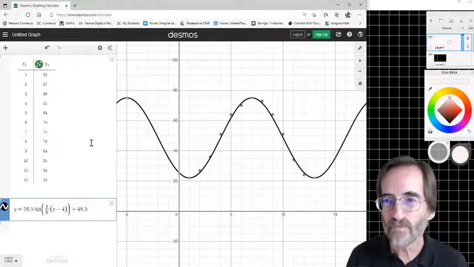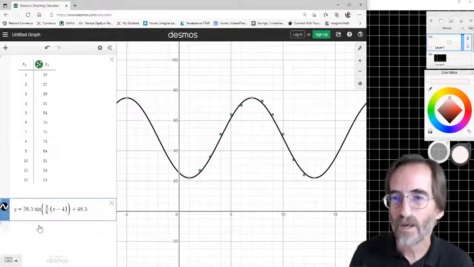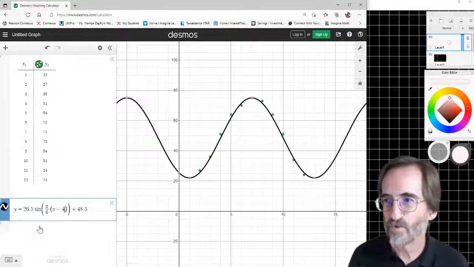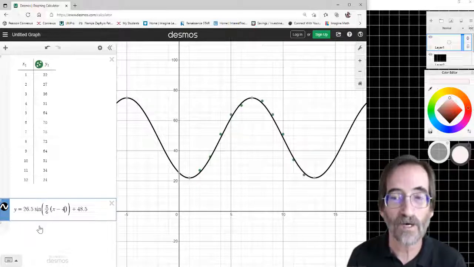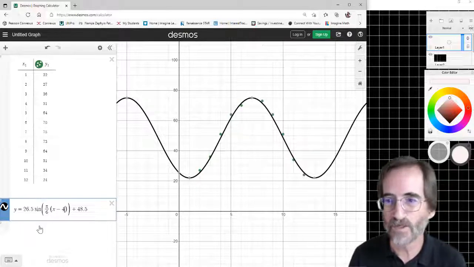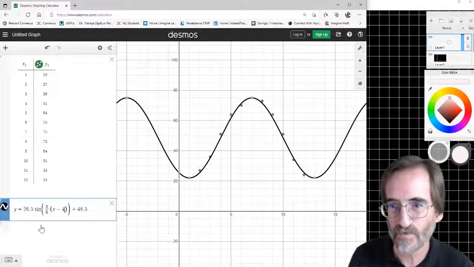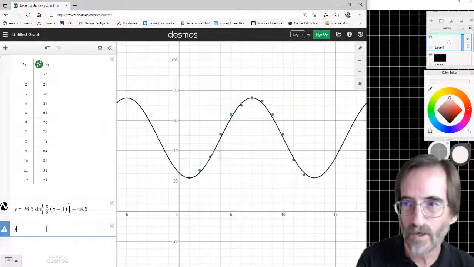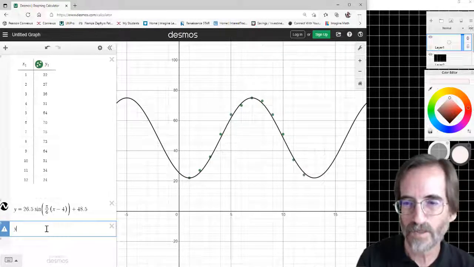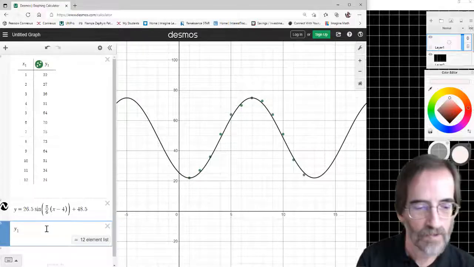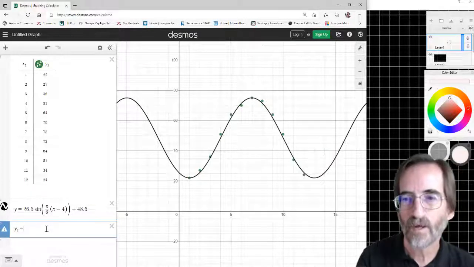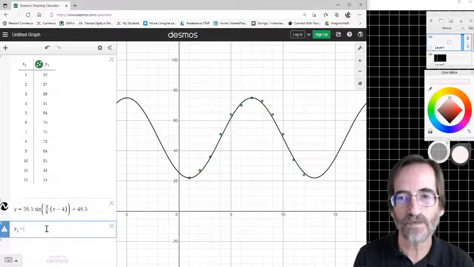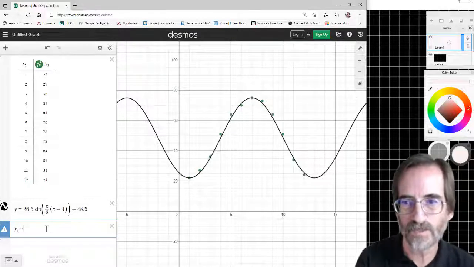Okay. All right. Now, I do want to show you a way that Desmos automatically does all this, but I wanted you to play with this too first here. So, and that's this. So y1 tilde, and now I'm going to insert coefficients instead of numbers.